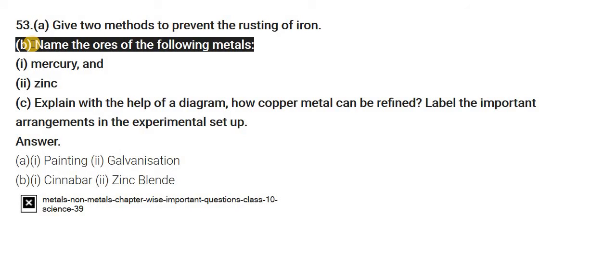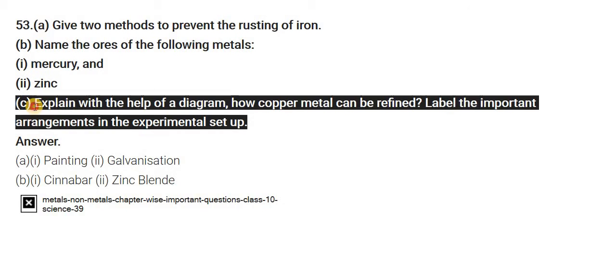B: name the ore of the following metals, mercury and zinc. And the C question: explain with the help of a diagram how copper metal can be refined, and label the important parts in the experimental setup.